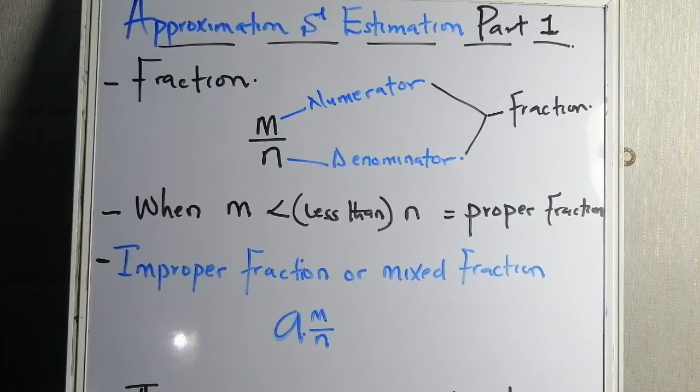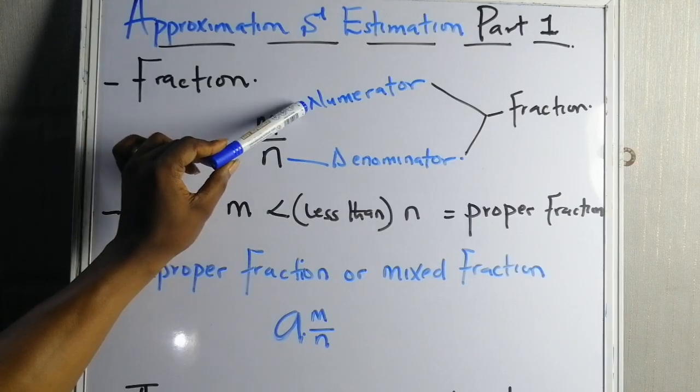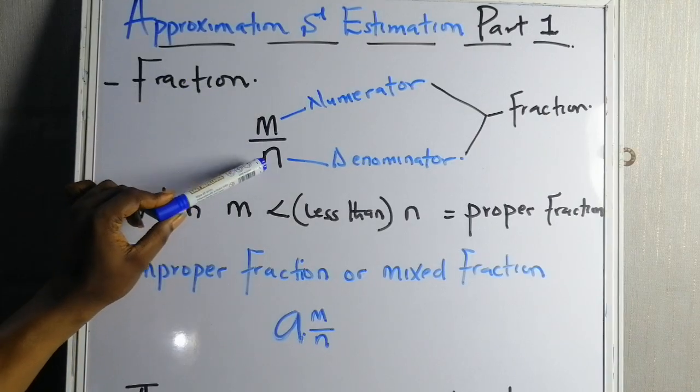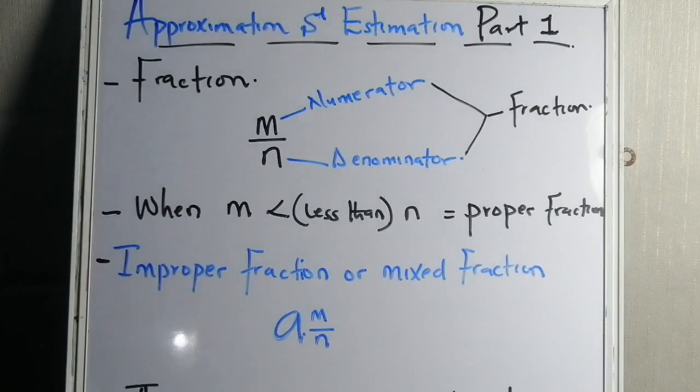And we're moving forward. So now for fractions, I have an example here: m and n. It can be a and b, it can be K and L. I've told you, you can play around with any alphabet in mathematics. But in this case now, we have M and N. M here, we call it numerator. N here, we call it what? Denominator.